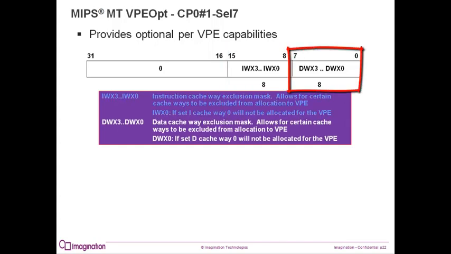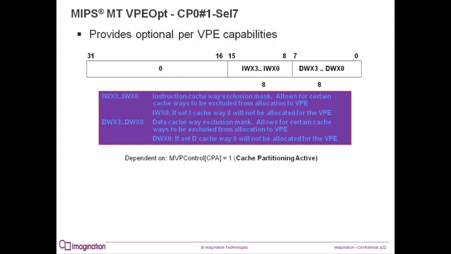The data way exclusion field controls which ways of the data cache will be excluded for use by the VPE. Each bit in the mask corresponds to a cache way, so bit 0 of the mask would exclude way 0, and so forth. The cache partitioning active bit must be set for the masks to take effect.